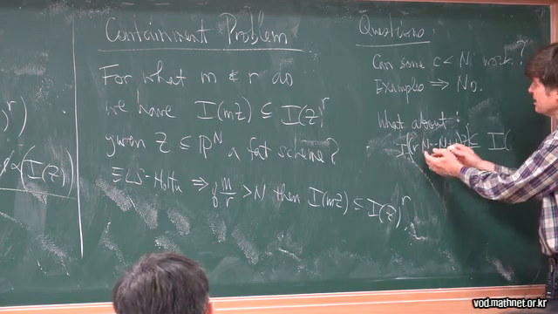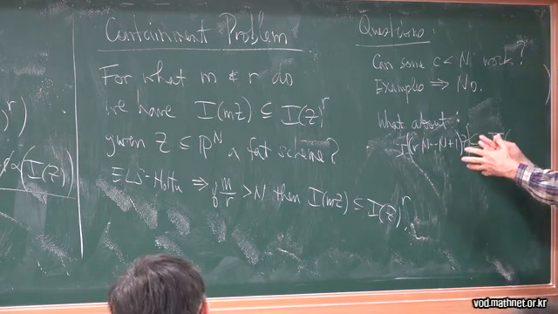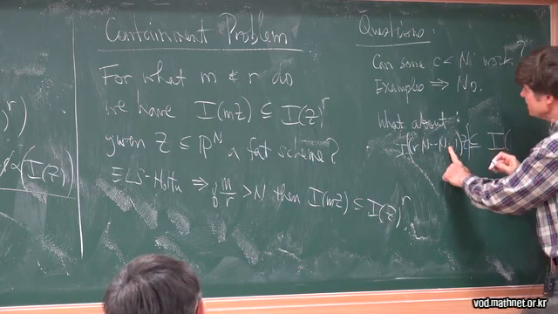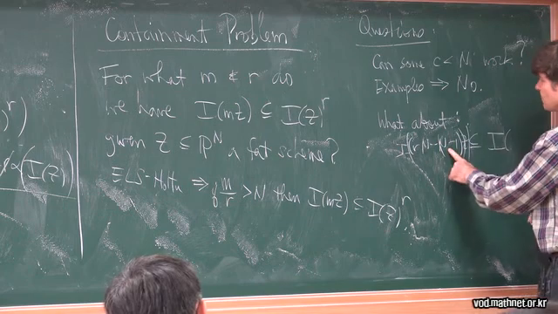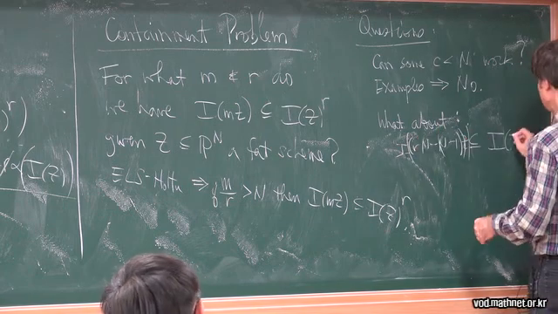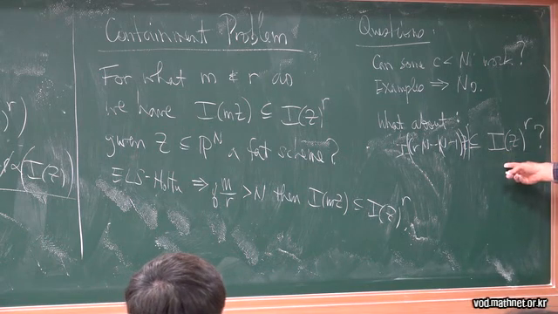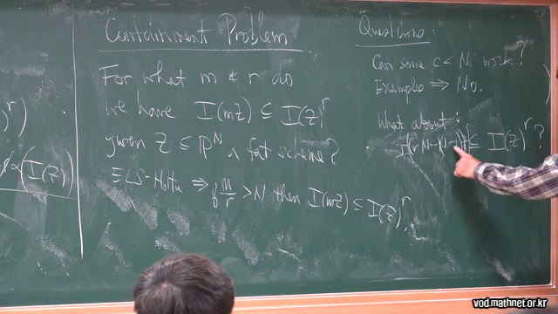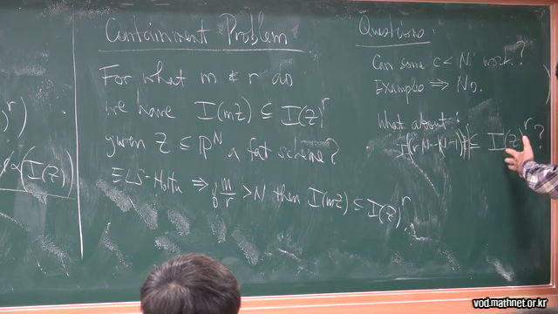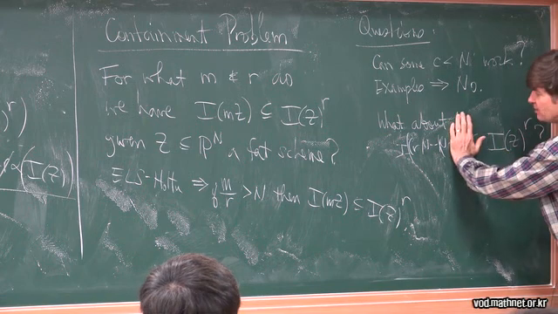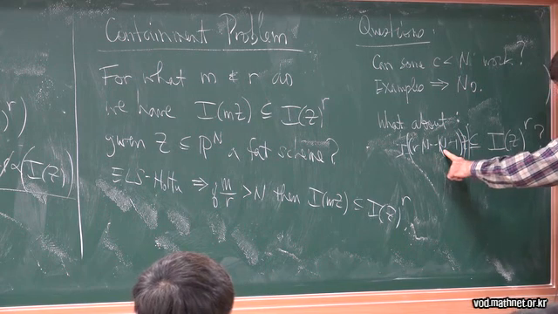That makes this coefficient a little smaller, which makes the ideal bigger. By subtracting something, we're really subtracting N minus 1. We've made the ideal bigger. And could this still work? This is actually the most you could possibly subtract and have a hope of having a containment, because if you subtract N off, there are counterexamples. So what about only subtracting N minus 1?